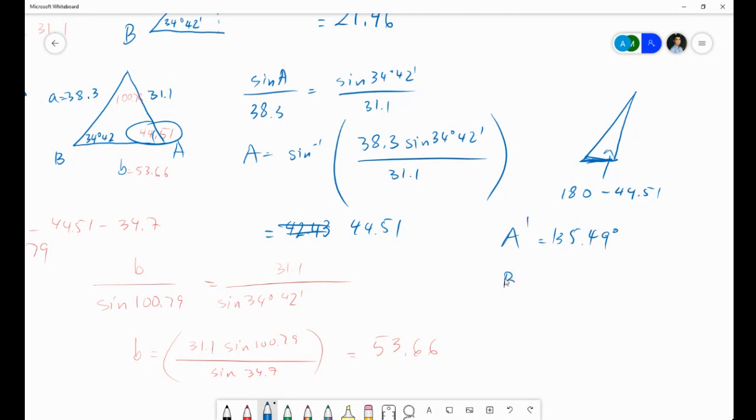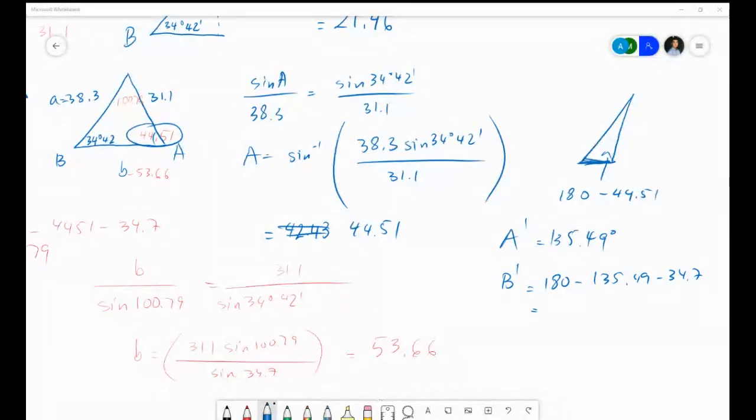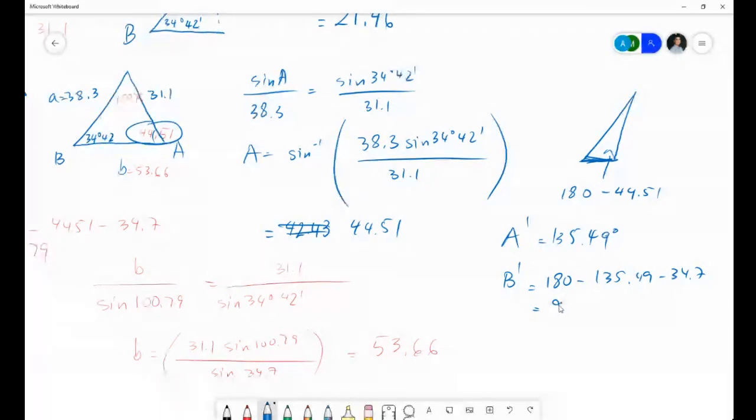So now I can find B prime from 180 minus 135.49 minus 34.7. That's 9.81 degrees.